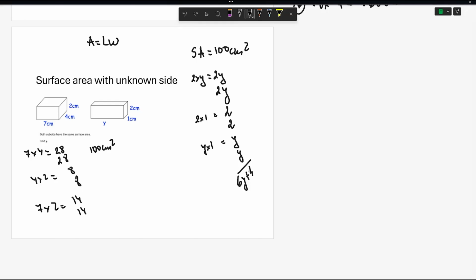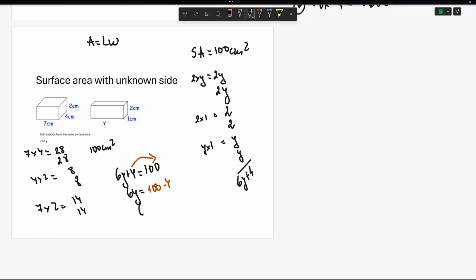Right, now we have the area of the second rectangle. So we need to use 6y plus 4 equals 100. This is our surface area. Then we have 6y equals, so then 4 goes to this side, so it's 100 minus 4.